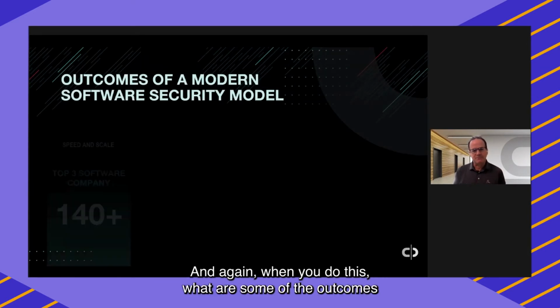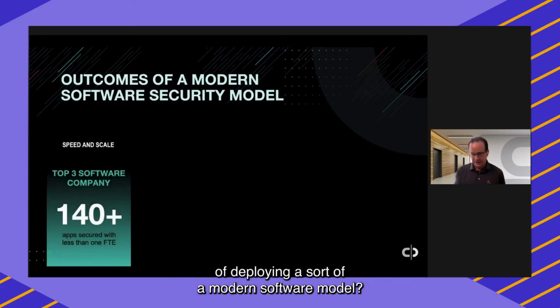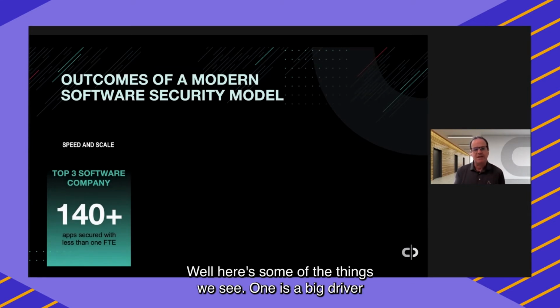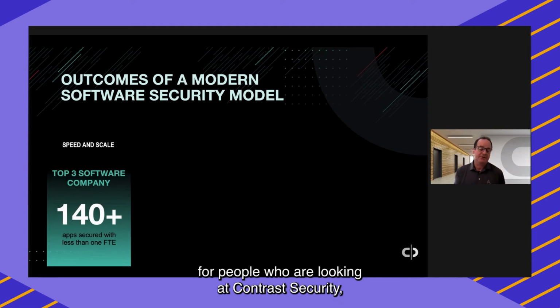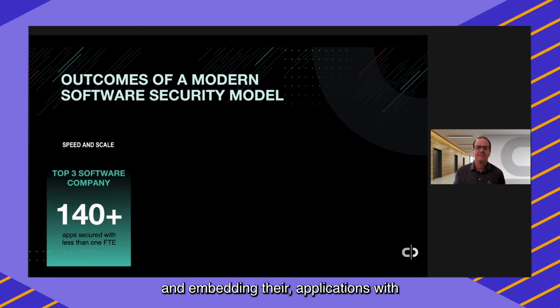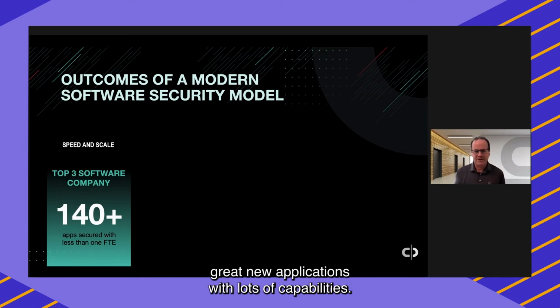And again, when you do this, what are some of the outcomes of deploying a modern software model? Well, here's some of the things we see. One big driver for people who are looking at Contrast Security and embedding their applications with technology to find vulnerabilities and remediate them is speed and scale. I touched on it earlier. We all as consumers have expectations of great new applications with lots of capabilities.